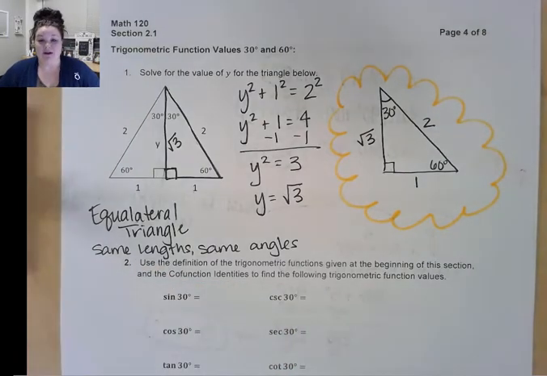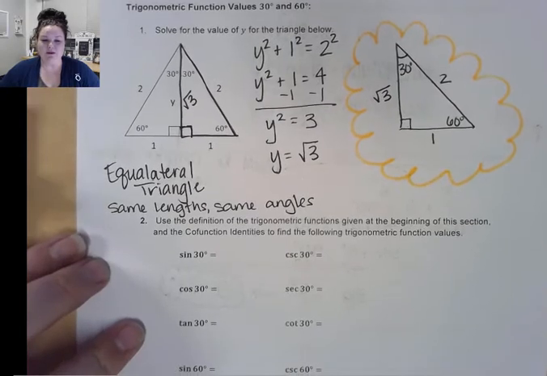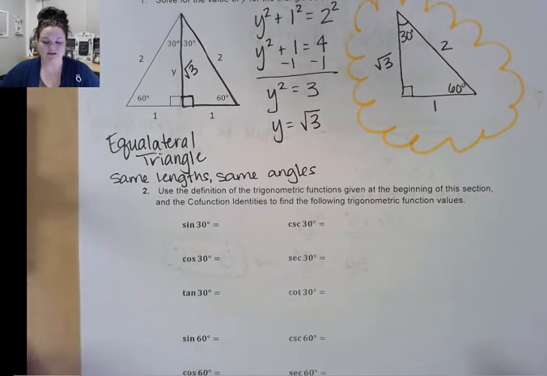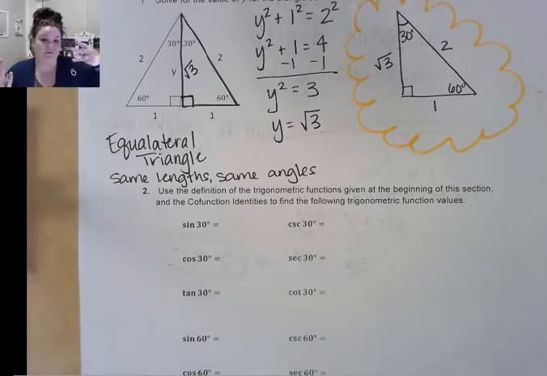All right, so now that we know what the triangle looks like, we want to figure out what all of these trig values are. I'm going to use some of the stuff that we've learned so that I don't have to calculate every single one individually. I'm going to use my SOHCAHTOA to come up with the first 3, and then I should be able to find the reciprocal values by just taking those 3 and flipping them.